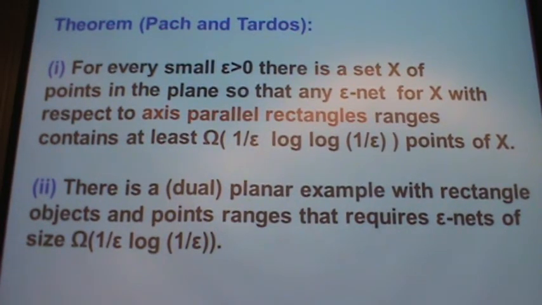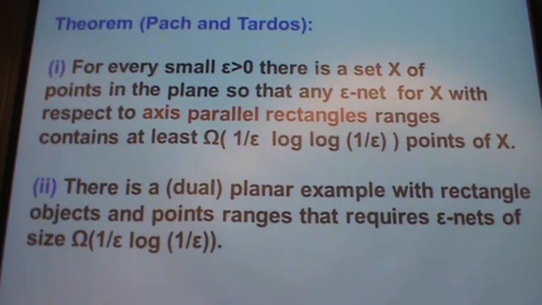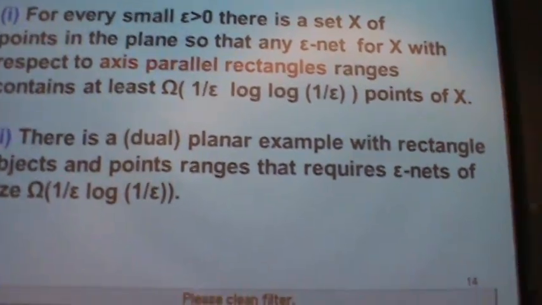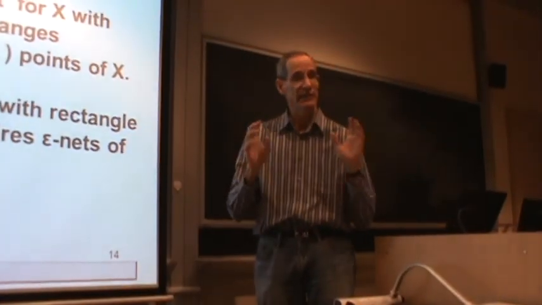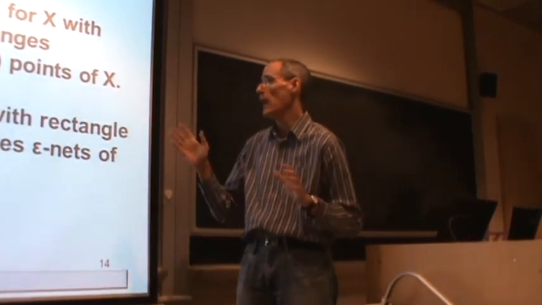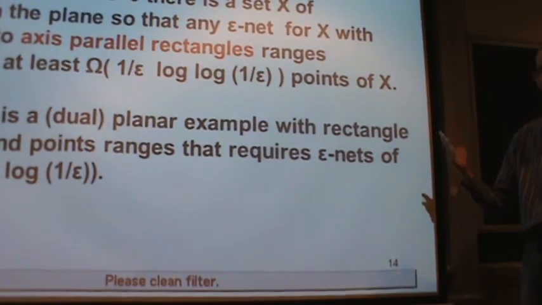What they say is that if we look at another, maybe slightly more complicated range space, but still pretty simple: the objects are points in the plane, and the ranges are axis-parallel rectangles. Then for some configurations of points in the plane, this requires epsilon nets of size 1 over epsilon log log of 1 over epsilon.